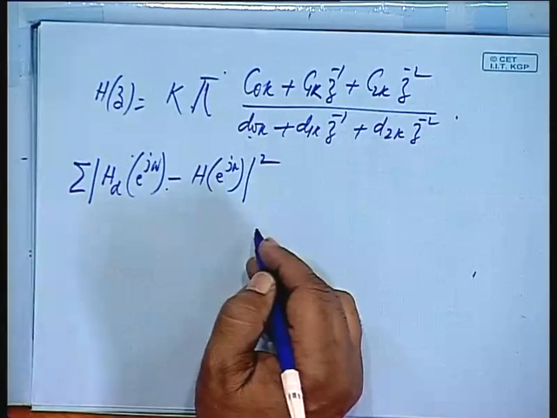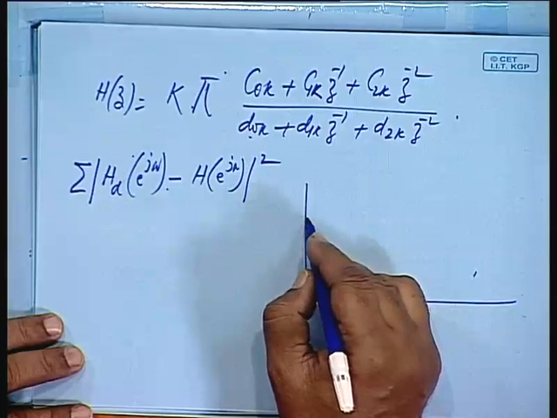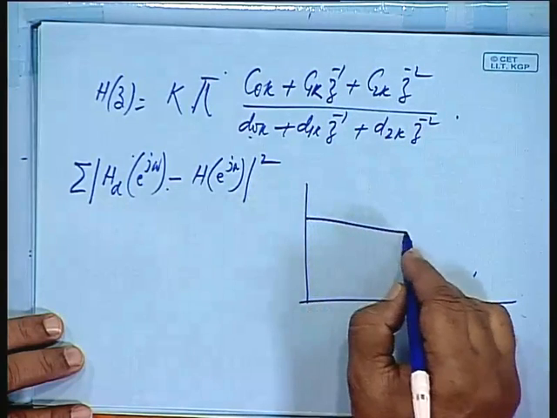So, you take omega 0, omega 1, omega 2, omega 3, some discrete frequencies. Obviously, this is a continuous function, integration of this is quite involved. So, you do it by discrete mode. Suppose this is the filter to be realized.